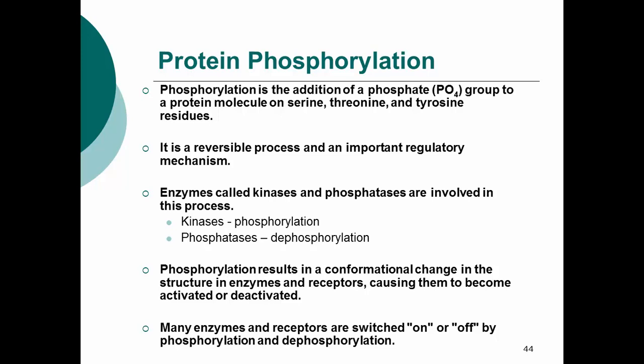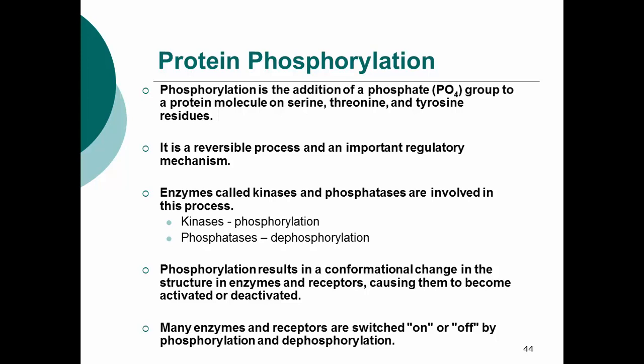And phosphatase catalyzes the removal of the phosphate group from a protein. This process is called dephosphorylation, right? So phosphatase catalyzes the dephosphorylation, while kinase regulates phosphorylation of a protein or enzymes, right?